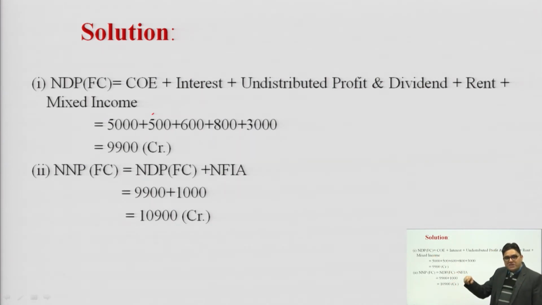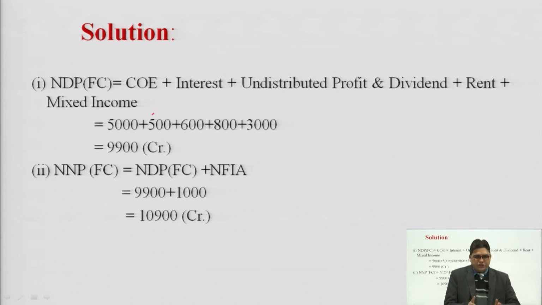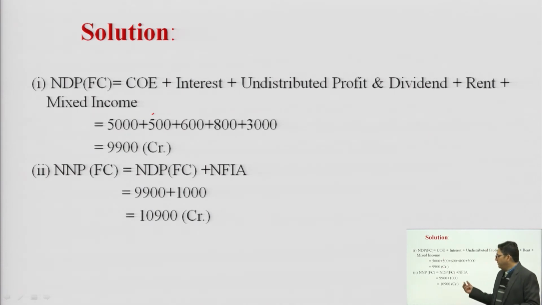So to go from domestic to national, we add net factor income earned from abroad, which is 1000. If we add 9,900 plus 1000, it reaches 10,900 crore. So by the income method we reach a national income valuation of 10,900 crore.